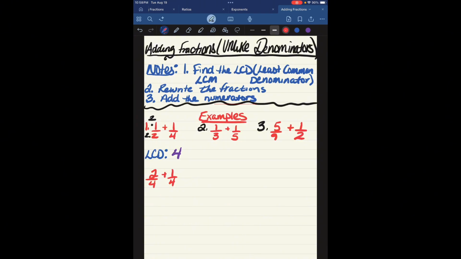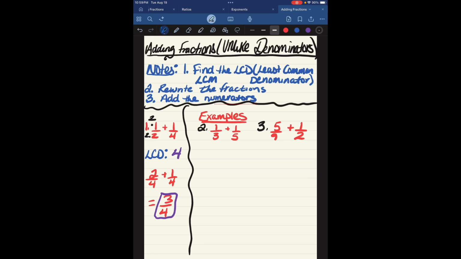So now we're going to keep the 4, and 2 plus 1 equals 3. So our answer for number 1 is 3/4. All right? Everybody got that so far? Cool beans.